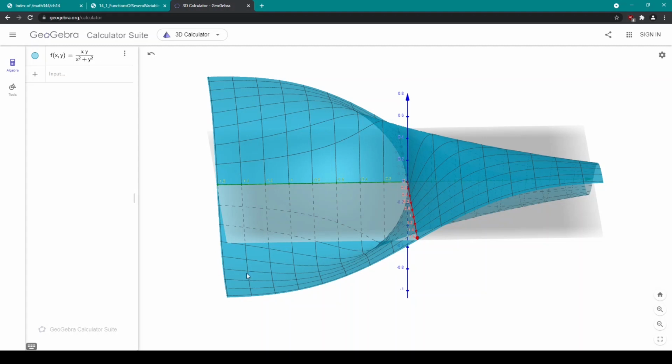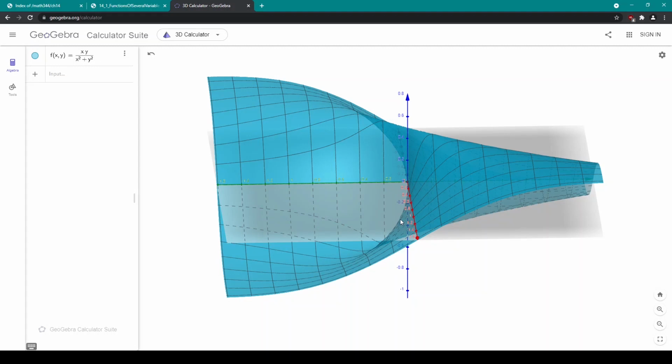But if I were to come along this line down here, I can get all the way to the origin, except I think that I'm down here at some negative value. And because these two limits fail to agree, the limit does not exist. We have two different directions that we're coming in that don't give me the same limit.